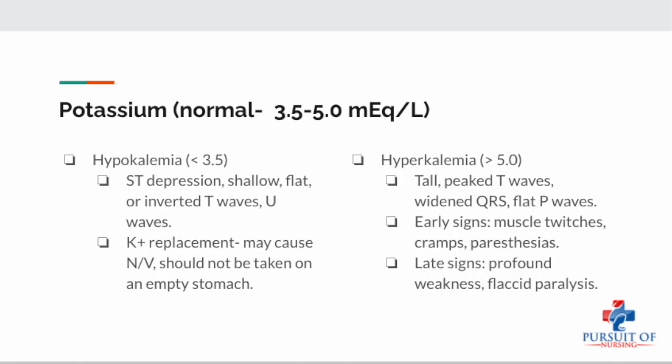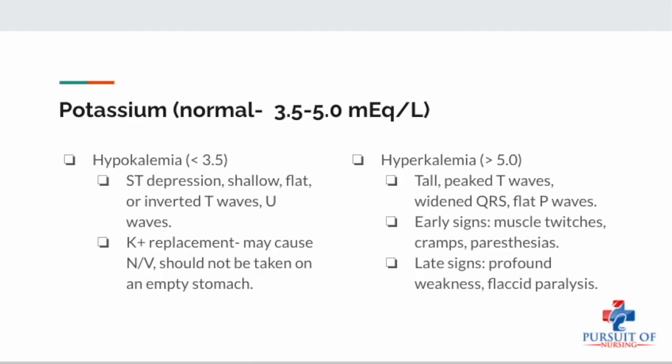Just to reiterate, a patient with hypokalemia will have ST depression on their EKG, shallow, flat, or inverted T waves, as opposed to a patient with hyperkalemia, who will have tall, peaked T waves, a widened QRS, and flat P waves. Most often they're going to ask about those T waves, but definitely know the differences.